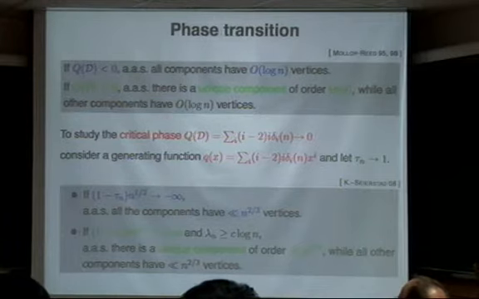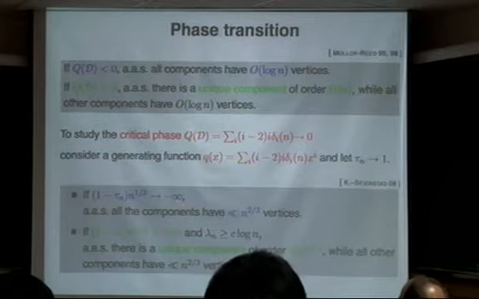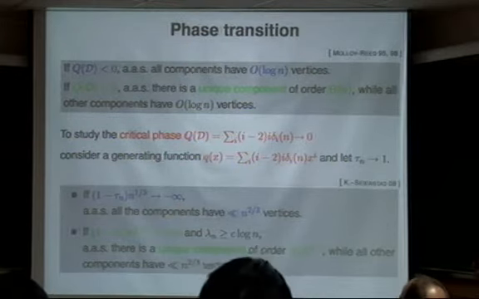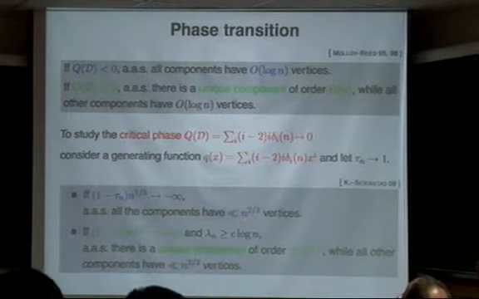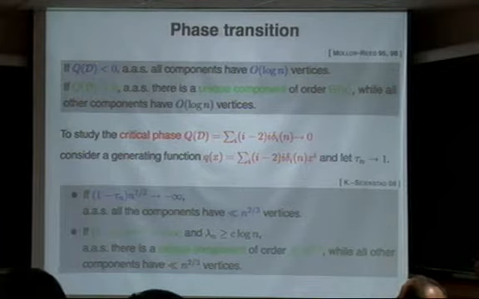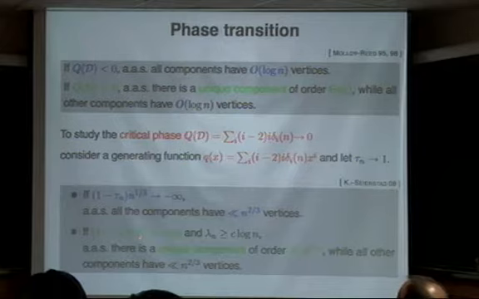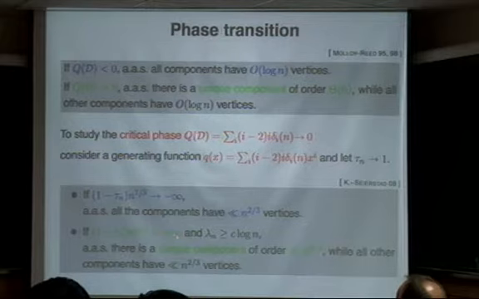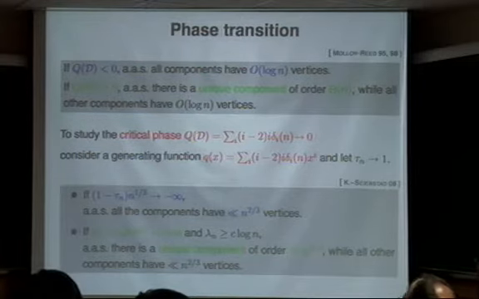So if this quantity tends to negative infinity, then all the components have much fewer than n to the 2/3 vertices. On the other hand, in the supercritical range, namely (1 minus tau_n) times n to the 1/3, so you can imagine s times n to the minus 2/3, tends to positive infinity, then there is a unique component of order much larger than n to the 2/3, while every other component is small.